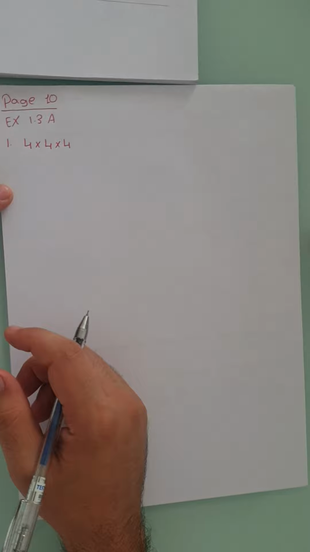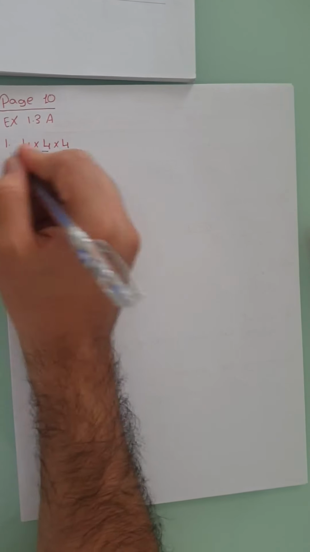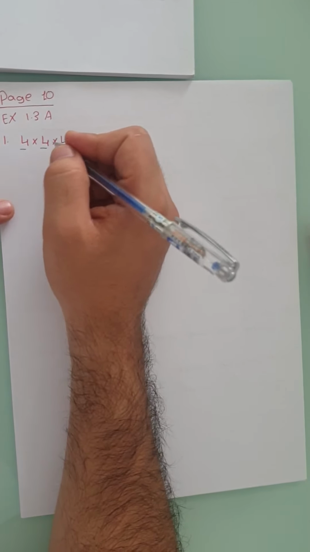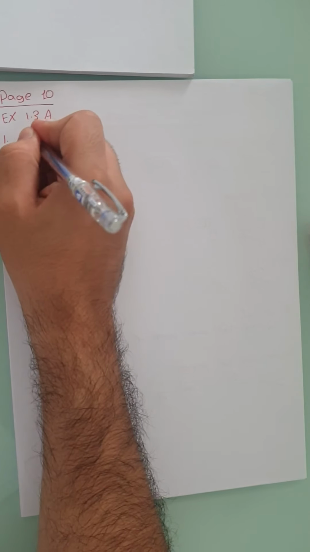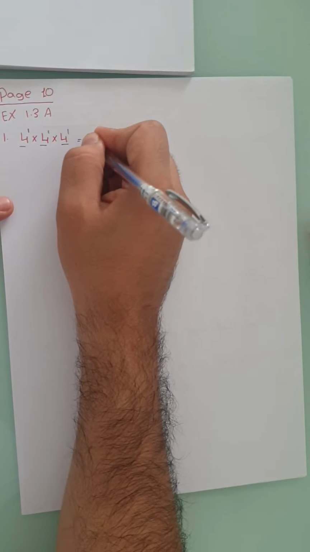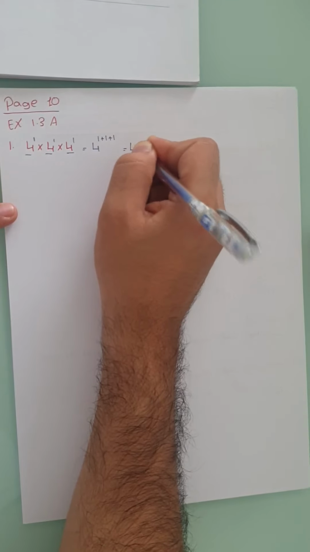You should know this one very quickly because this is base, this is base, this is base. We have the same base, and we don't know what the powers are. And I told you, if I mention a number or any value and I didn't mention what the power is, that means it is to the power of 1. So the answer should be what? 4 to the power 1 plus 1 plus 1. And it's going to be what? 4 to the power of 3. Question 2.